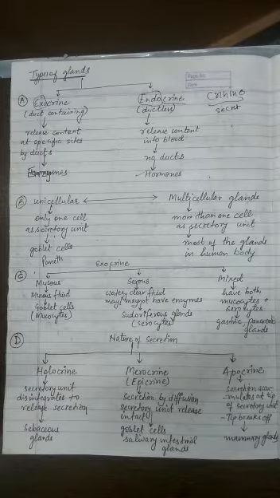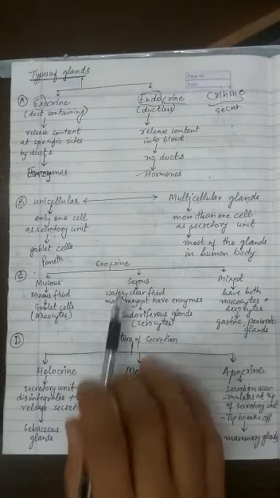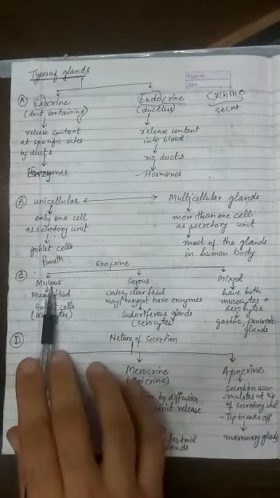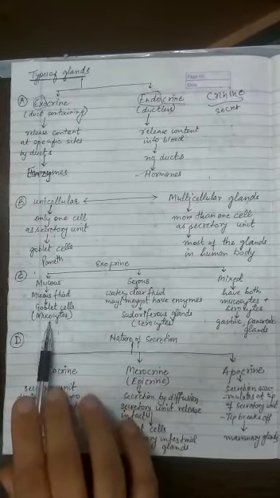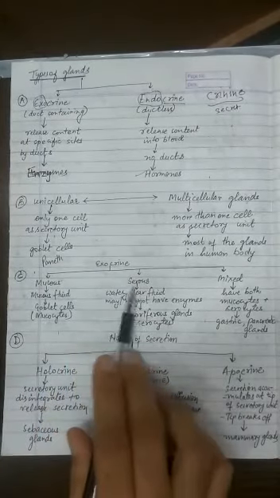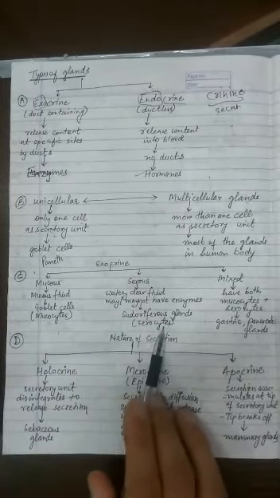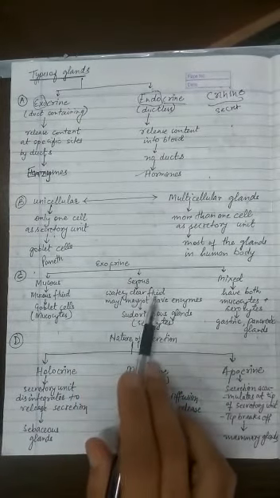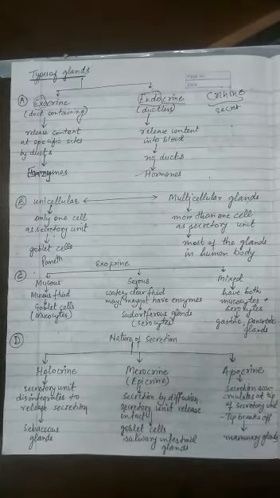Now those glands which release both mucus and the watery clear fluid which may or may not carry enzymes are called mixed glands. So exocrine glands can be mucus type, which carry only mucocytes releasing mucus. Exocrine glands can be serous type, they carry only serocytes which release watery clear fluid which may or may not carry enzyme.